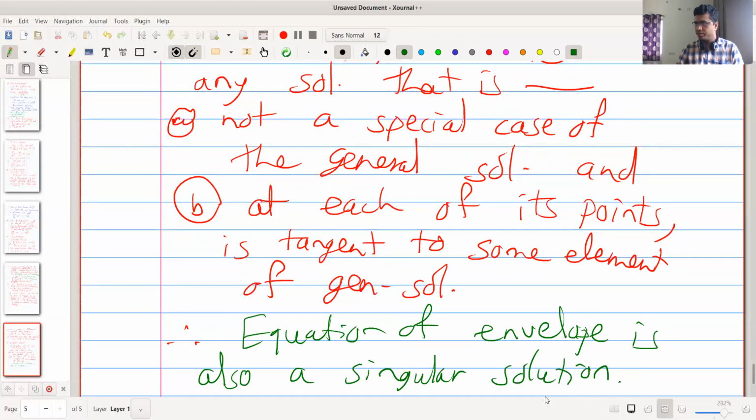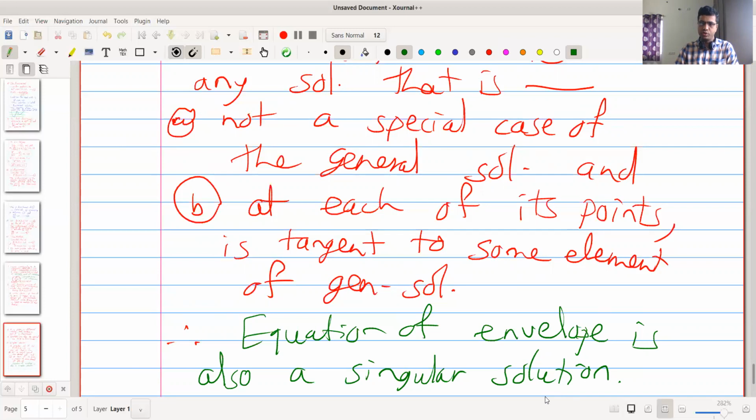If we consider the envelope, then at each point of the envelope, it is tangent to some solution curve.